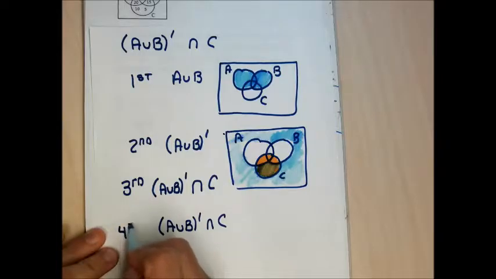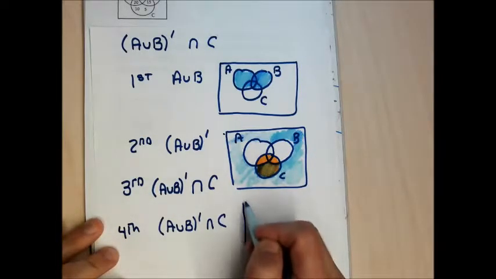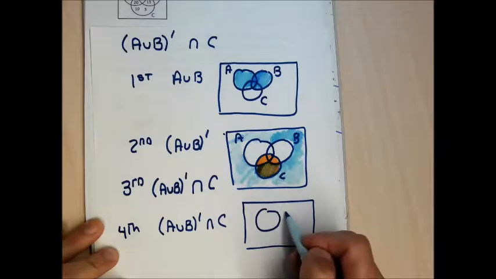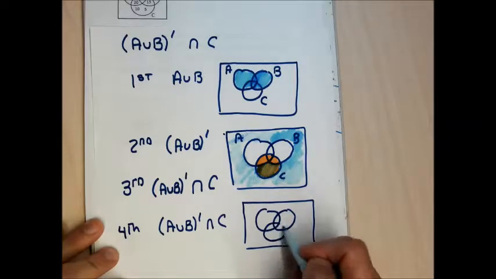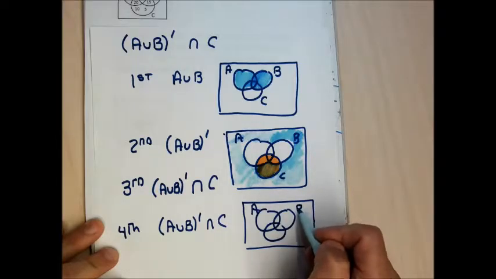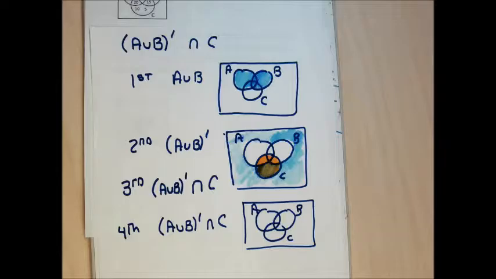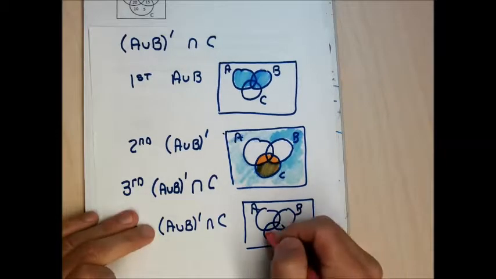This is going to be my fourth and final step, and this is a drawing, the shading that I'm going to transfer to the actual problem. Because I was asked to do an intersection, I look for where my shadings overlap, and my shadings overlap only in this region down here.